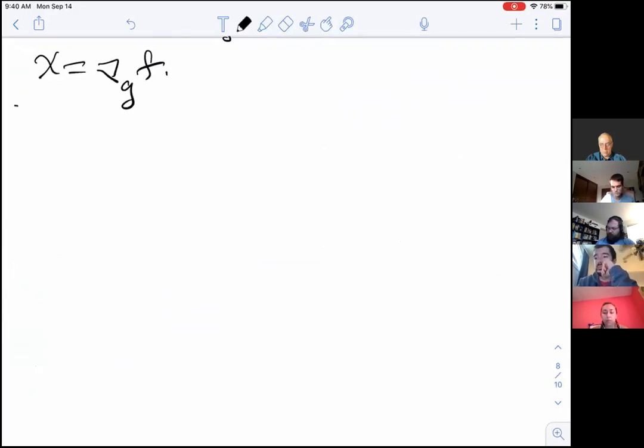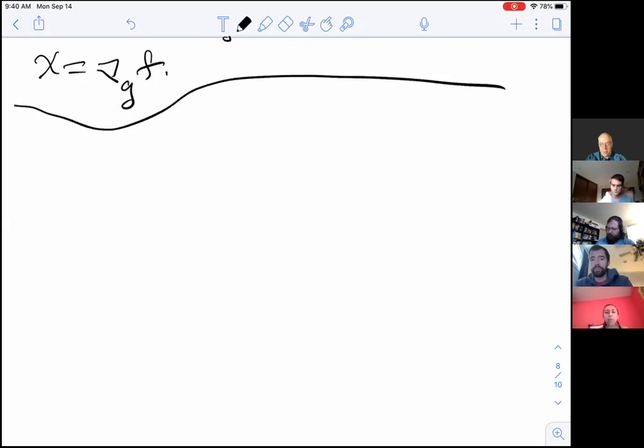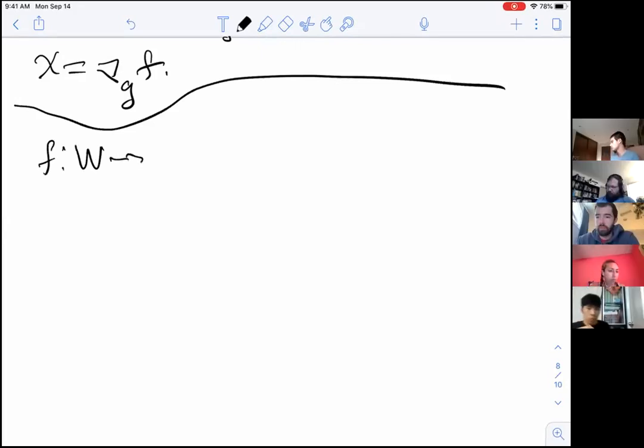Okay, so now let's go back to our elementary boardism. F mapping W to R, where W is a compact manifold with boundary. This has no critical points. Okay.